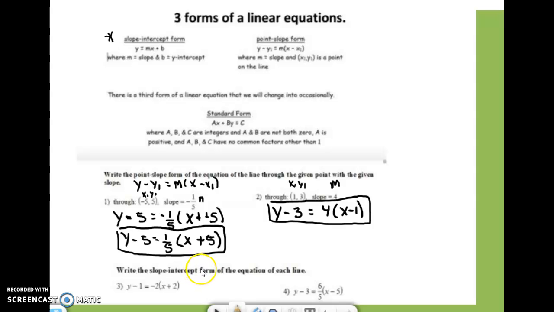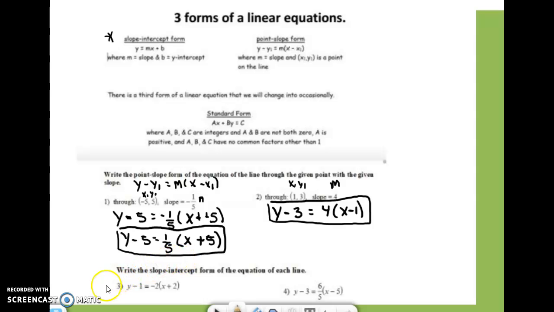What we're going to do is we're going to have it in this form. And if you look at problems 3 and 4, we're going to have it in the point-slope form, and we're going to put it into the slope-intercept form. Really, a lot of times you want to do this if you had to graph this again, okay?